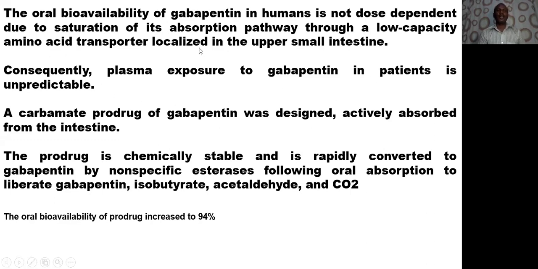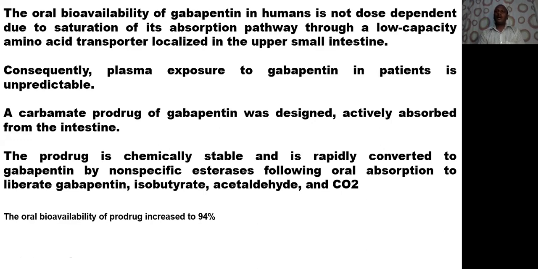So here you are giving a dose, but that dose is unable to cross from the intestine to the systemic circulation, and that is happening because of the low capacity of the amino acid transporter. These amino acid transporters have a very low capacity to transport gabapentin.